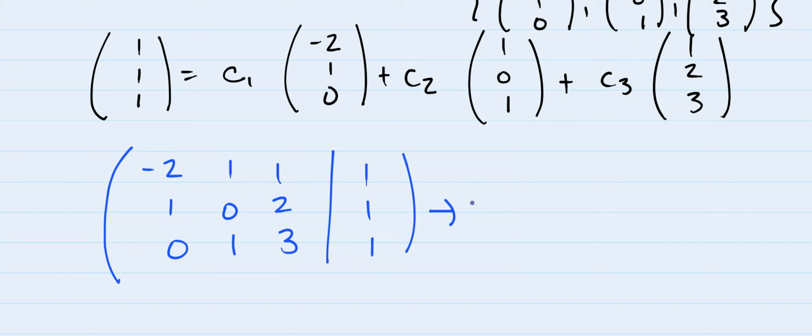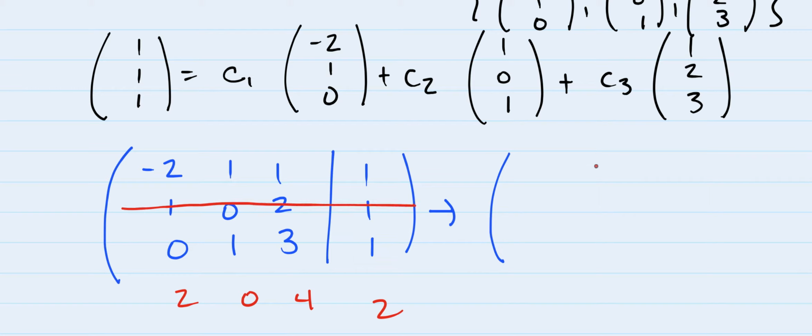So you can multiply this row by 2 and add it to the top row. I'm going to write it down here: 2, 0, 4, 2. Add it to the top row, you get 0, 1, 5, 3.